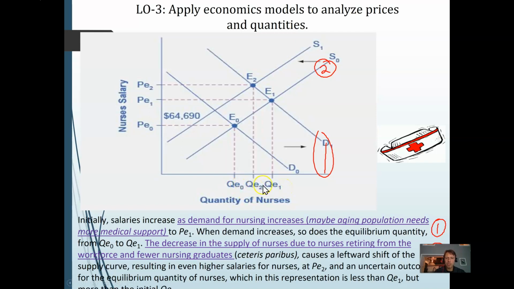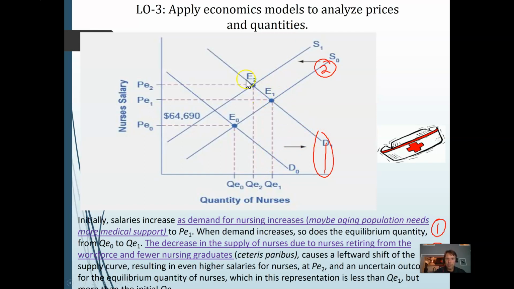So as we start to turn it into a video and we move a little bit forward in time, we hit QE1 and PE1 and the equilibrium 1, and we have a shift in. And so it tells us the demand for nursing increased. And that's what I just talked about, maybe an aging population, more medical support because we're in a pandemic. So that's the first thing that happened, is this movement. And we ended up here.